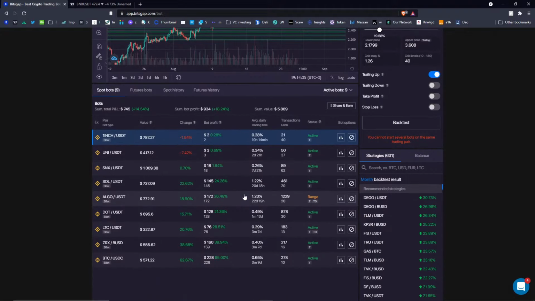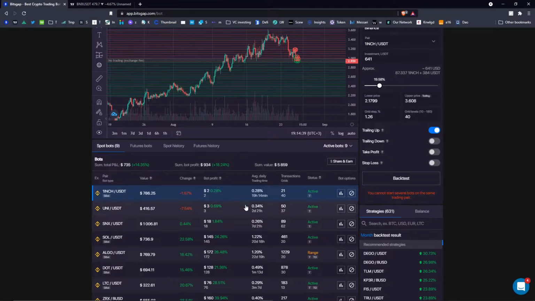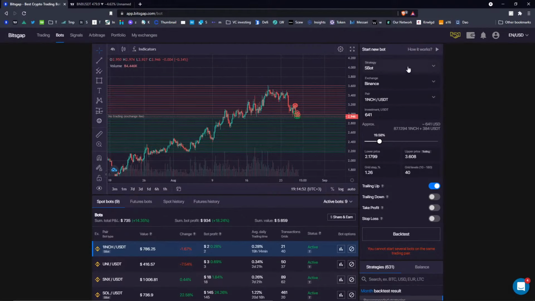So that's pretty much the logic you use. You just need to monitor the activity of your bots. And whenever the market conditions are changing, you need to consider flipping your strategy to a better one, which in my case is from SBot to classic bot for the rising market.